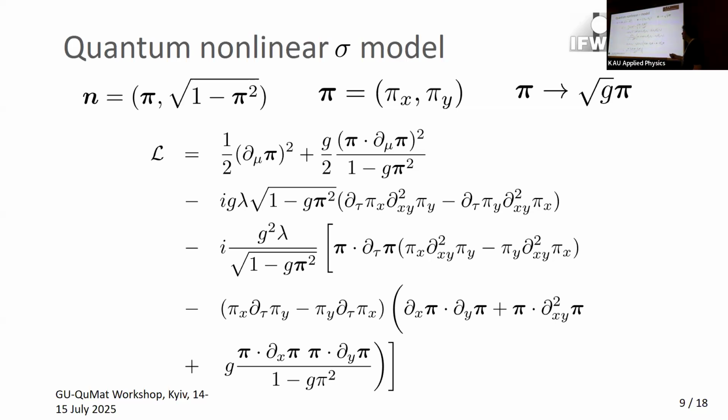This first line is just the standard quantum nonlinear sigma model that would follow for the Hubbard model at half-filling, etc. But the altermagnet introduces a bunch of other terms, which are very complicated, but there is one crucial point here. Every lambda multiplies a g, except in this term here, but not every g multiplies a lambda. So these terms are very high order terms.